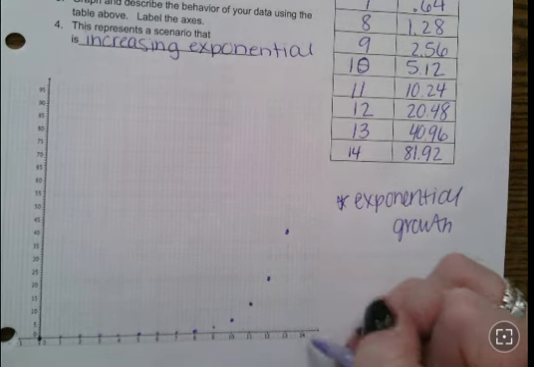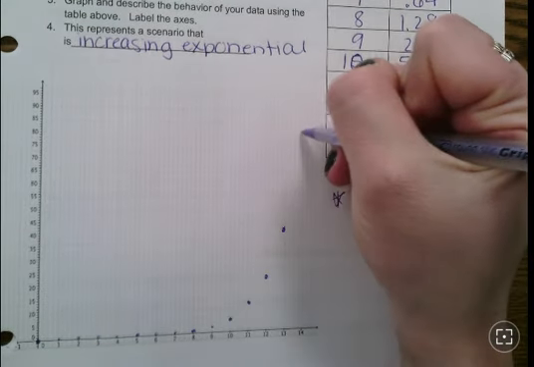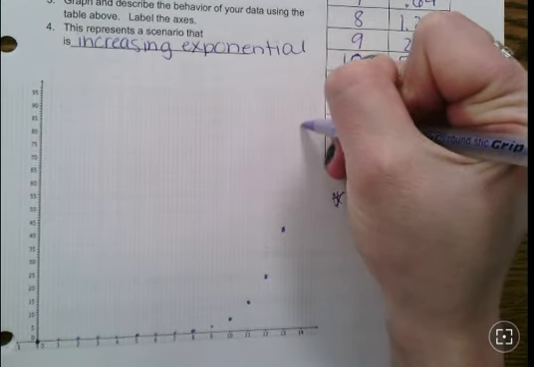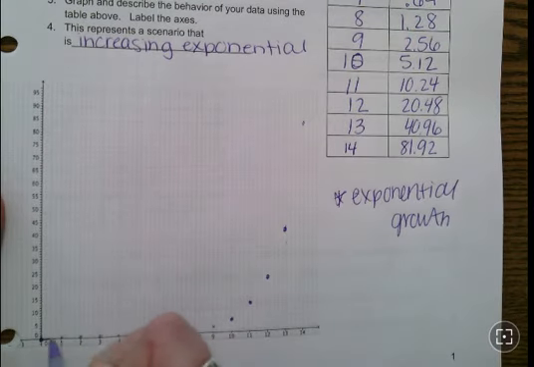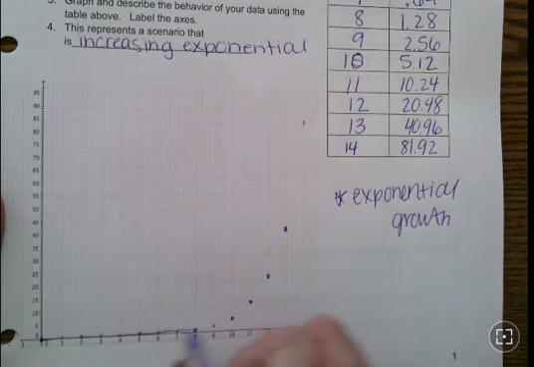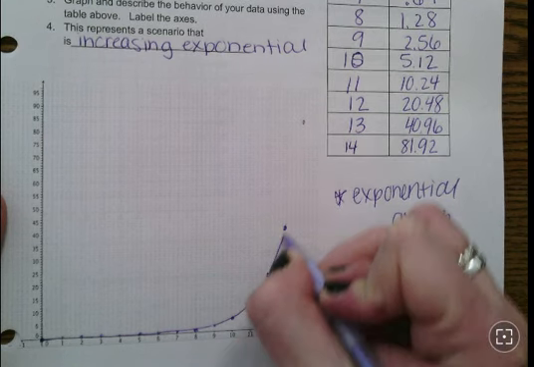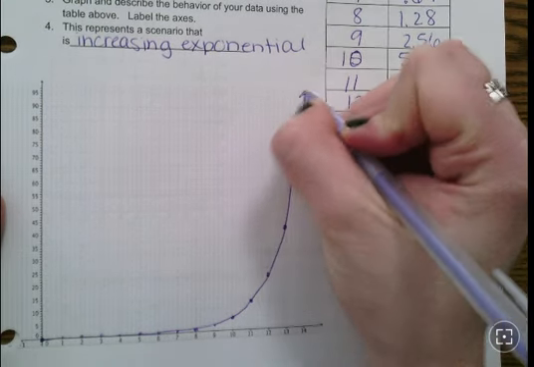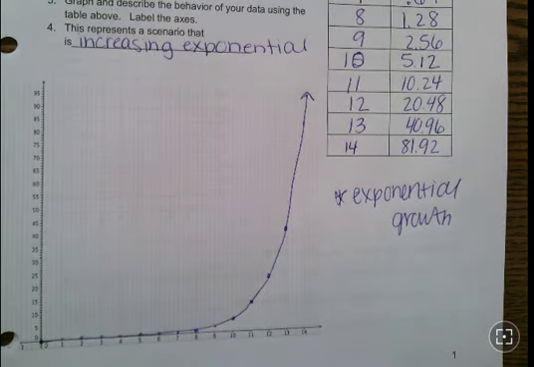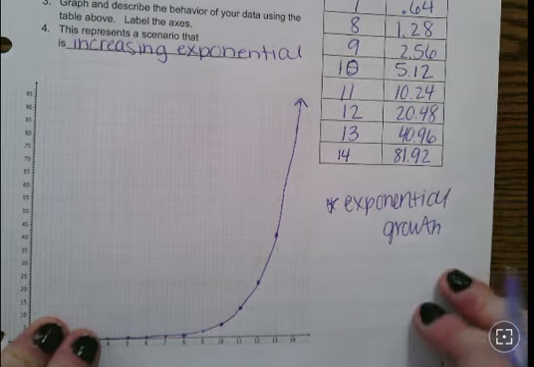And then on the 14th day, we've got $81. So we're somewhere up there. Okay. So when we connect these dots here, you can see that it's what you like to call in science a J curve or an L curve. Okay, but in math class we say that that's an exponential curve. All right, so great.